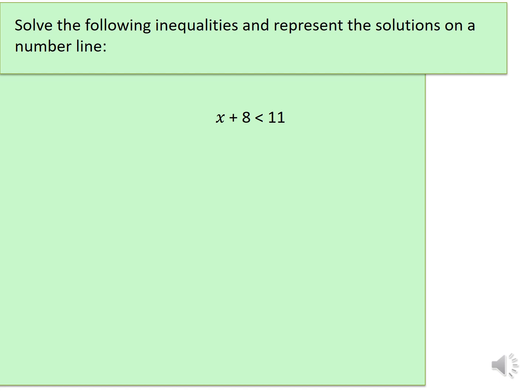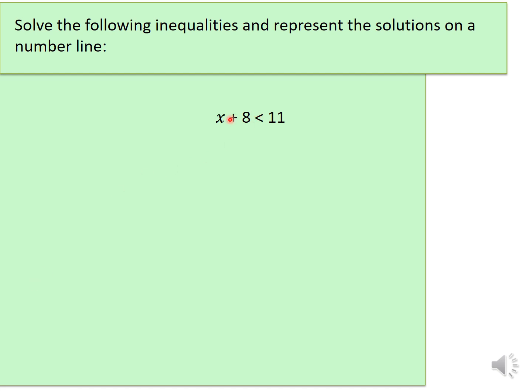Okay, let's have a look at this question. It says solve the following inequality and represent the solution on a number line. Remember, in the first lesson we learned how to represent the solution on a number line. So let's begin to solve this inequality. The first thing we need to do is get rid of plus 8.